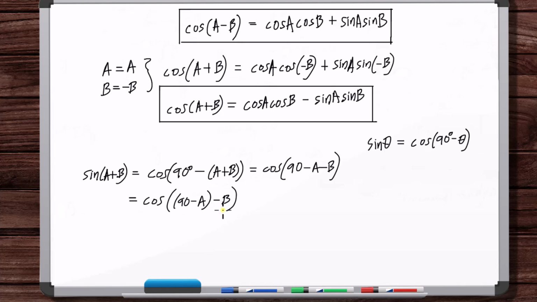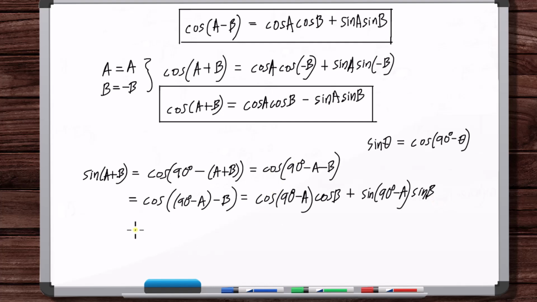Let's expand this out with x being 90 minus a and y being b. So this gives cosine of 90 minus a, cosine b, plus sine of 90 minus a, sine b.